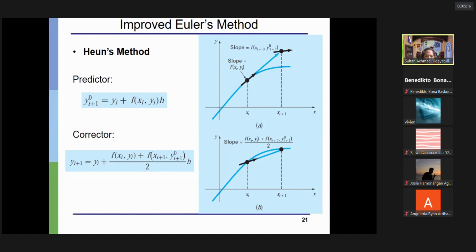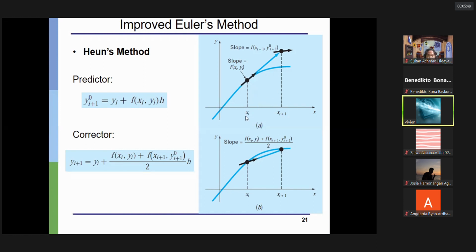Yes, ma'am. Okay. So we will do a brief review of what we learned last week, in which we can improve Euler's method to a higher order scheme, which is Heun's method. This method aims to increase the accuracy of the slope that is used to predict the value at xi plus 1 from point xi.